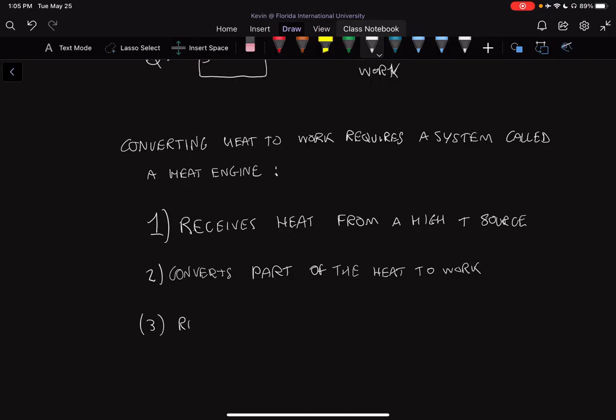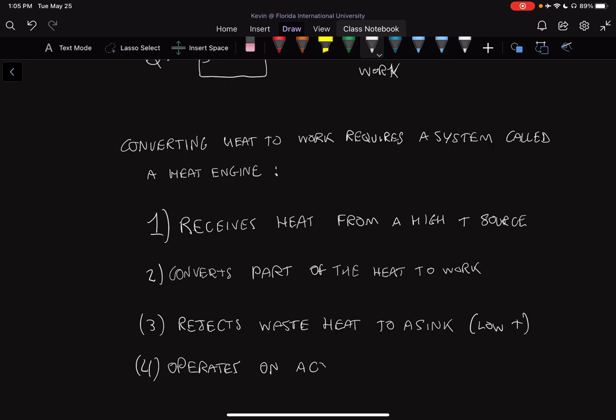So we can say that it rejects waste heat to a sink. And this sink is usually a low temperature sink. So we can add that this is low temperature usually. Okay? And our final point is that it operates on a cycle. And we're going to be looking at what the cycle would be.